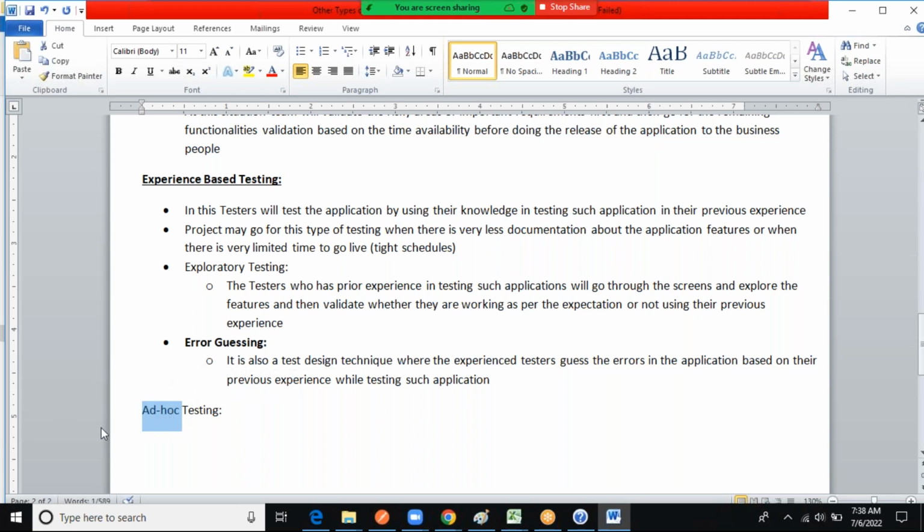Ad hoc is a random thing. Randomly you are doing some actions in the application and checking how the application is responding.